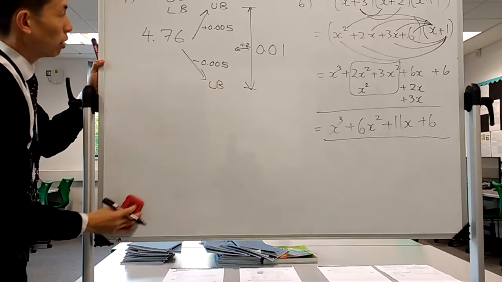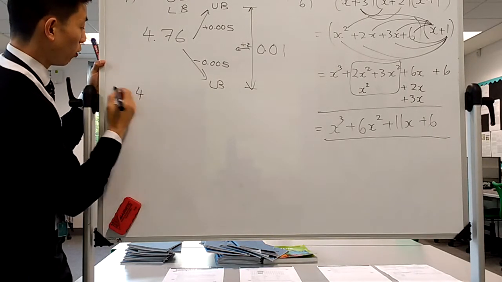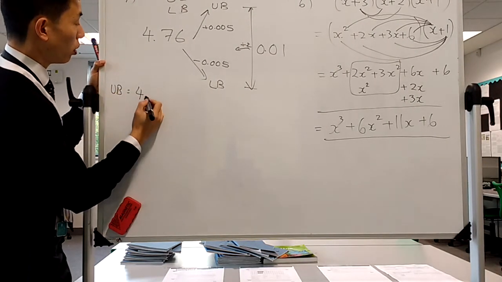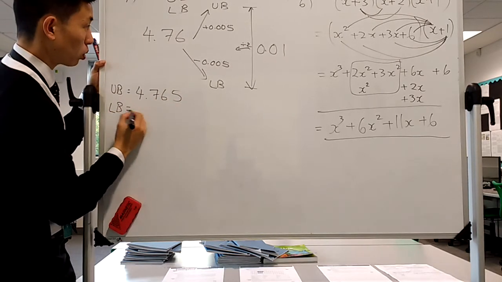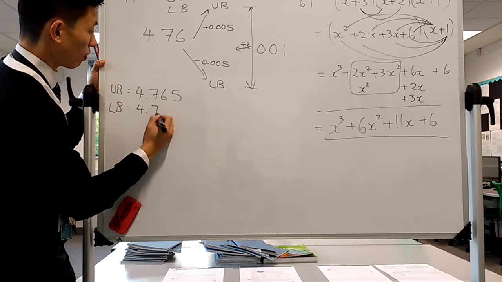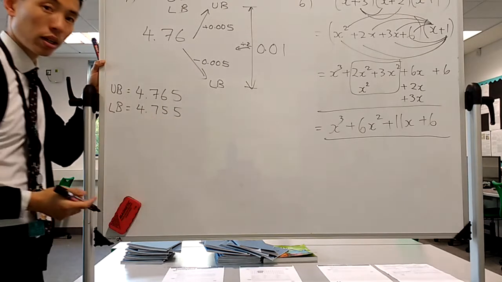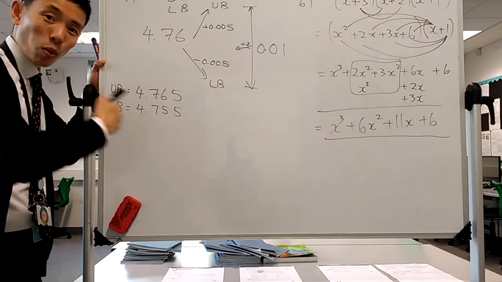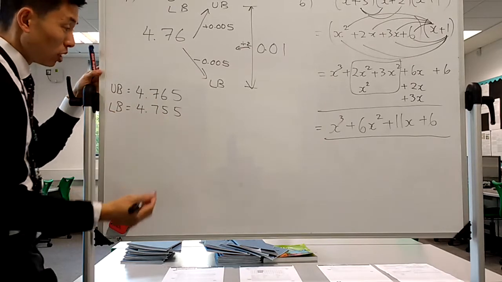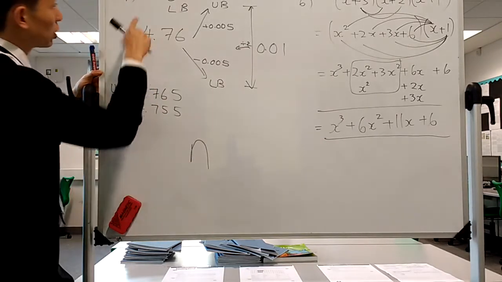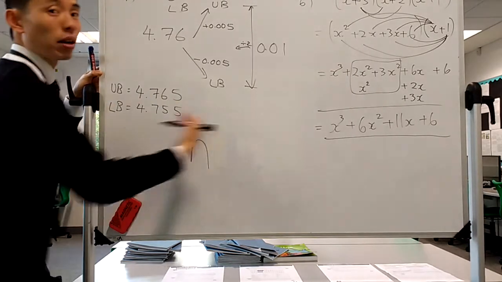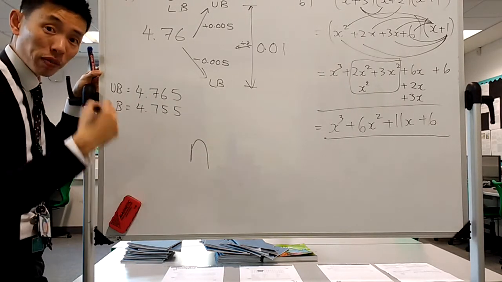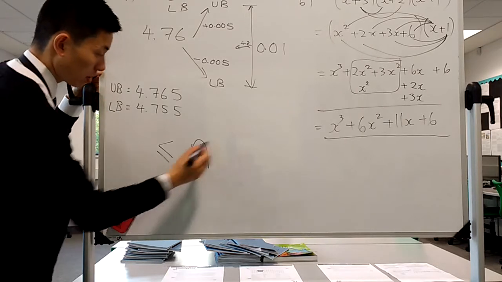So my upper bound therefore is 4.765 and lower bound is 4.755. And there's a way to write this neatly. The number n can be written using something called inequalities.